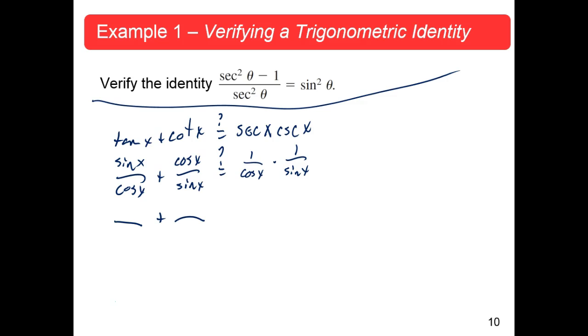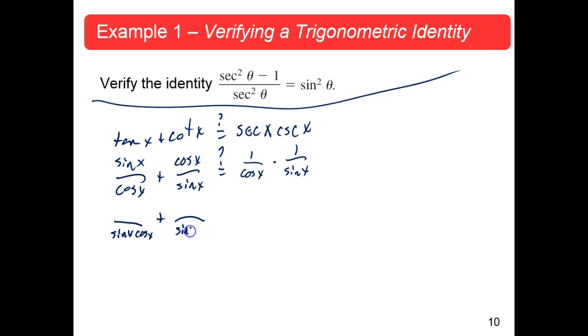If I say what's the least common denominator between 2 and 3? 2 won't go into 3, 3 won't go into 2. 6, yeah. It's bigger, so don't think least means the smallest you can do, but of all the common denominators, it's the least one. How did you get 6 out of 2 and 3? Multiply them. Well, we'll do the same here. Multiply them. So this will be sine x times cosine x.